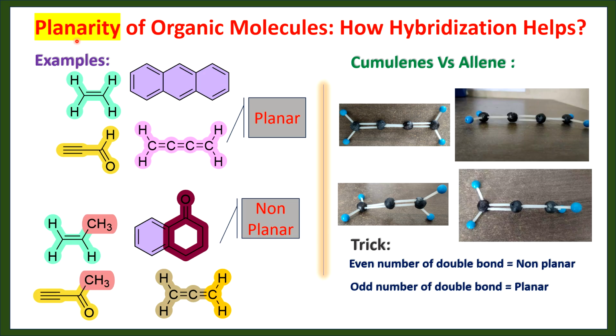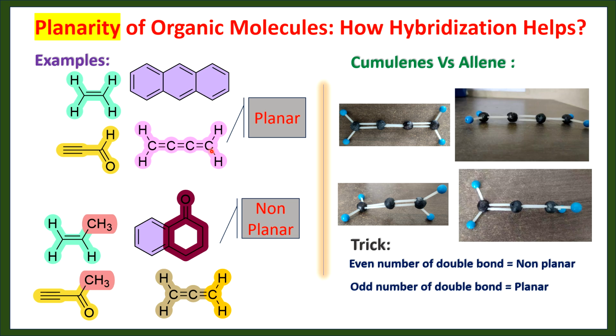Let's cross-check with some examples. This is ethylene, so sp2 hybridization. All sp2 hybridization means planar. This anthracene molecule, all carbons sp2 hybridized, is planar. This molecule also sp2, sp, planar, and this molecule sp2, sp2 also planar.